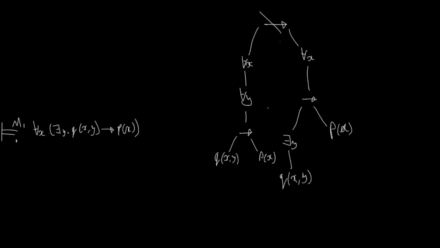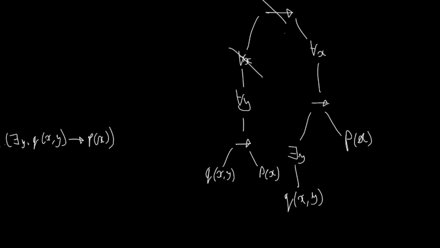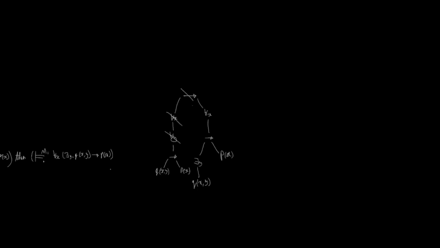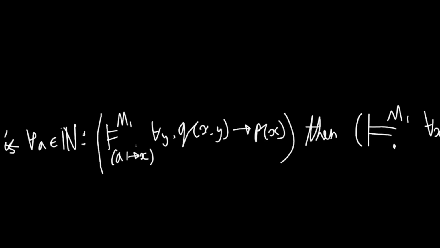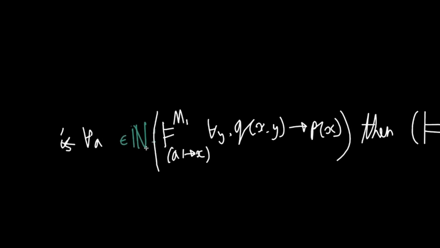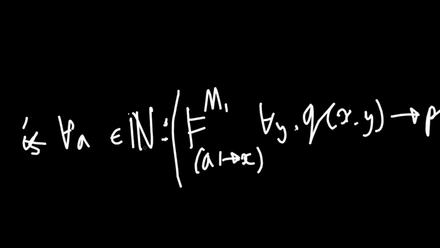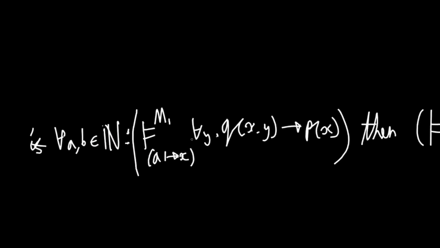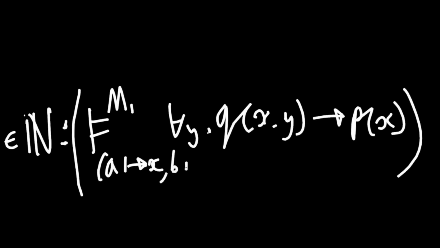And then this for all x has been sorted, and continuing down in a leftmost conversion, or a pre-order if you want to think about it like that, we're going to deal with this for all y. So we can simply modify this to say for all a and b in the natural numbers, and add b maps to y in here.